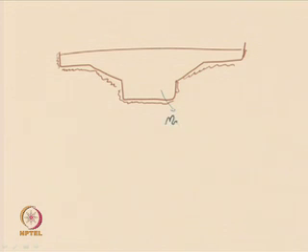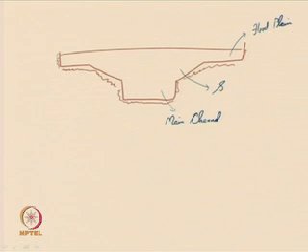This is the main channel, this can be your flood plain, this can be your side channel. Like this you can distinguish, the entire compound section can now be subdivided and you can describe some of the properties, that this is a flood plain portion of the channel, this is the side channel, this is the main channel or the main body of the channel.